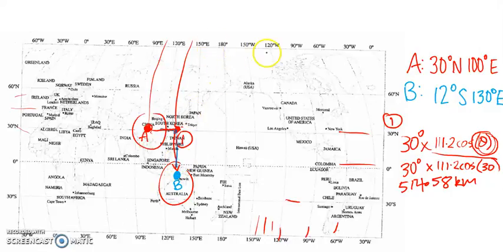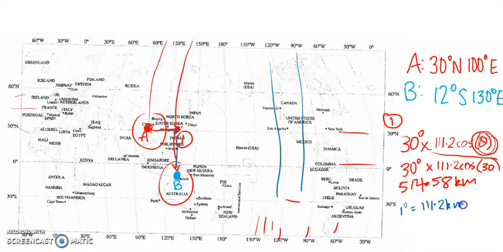Now, line of longitude, that is going vertically. Under longitude, a reminder that 1 degree is equal to 111.2 kilometres. There's no trig ratio involved here. So how many angular degrees from here to here? You'll notice that this lies on 30 degrees north. You have to travel down to the equator, so that's 30 degrees.